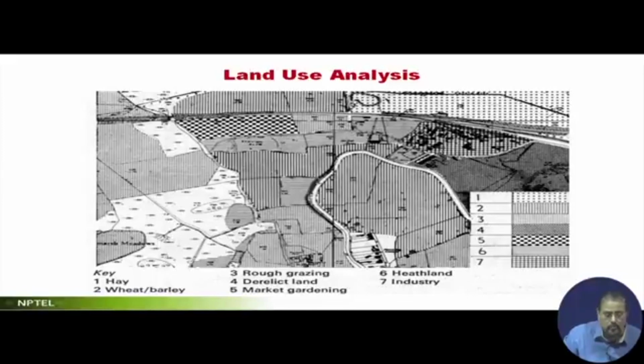See, this legend marked 7, this part where my cursor is running now, this particular part is industry. Okay. Let us see, derelict land 4 is this cross. Where is this cross? I am trying to find out 4, maybe a very small zone somewhere, not much, maybe a small area which is derelict land.